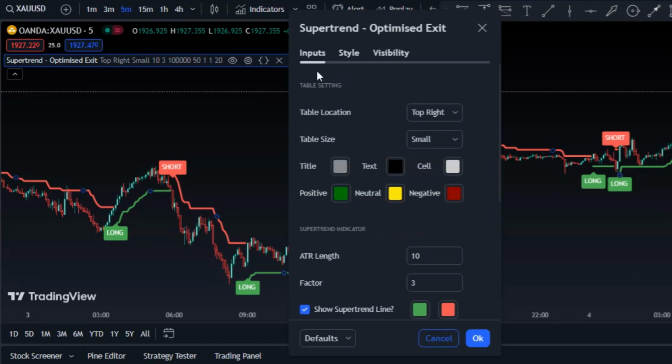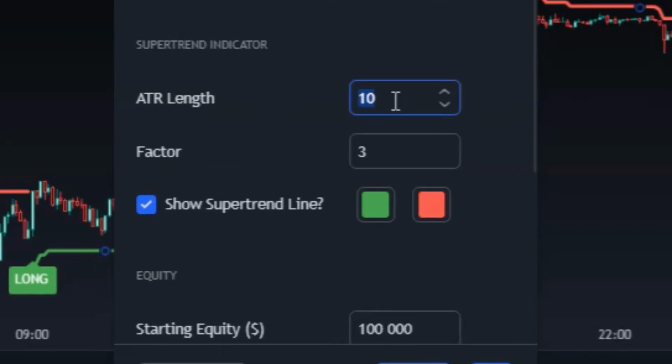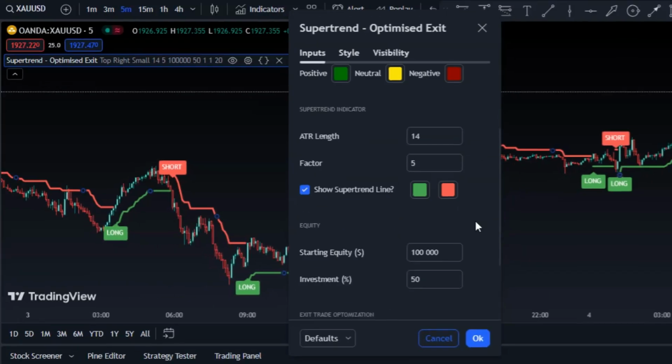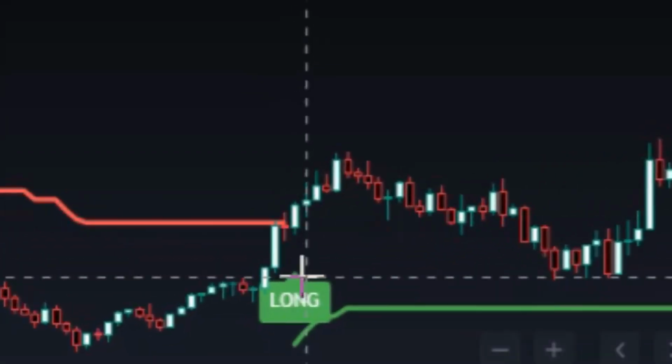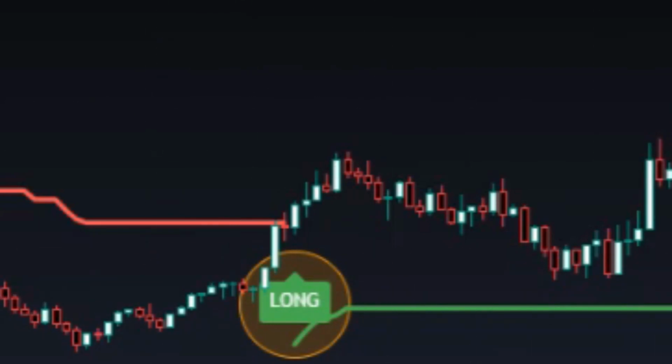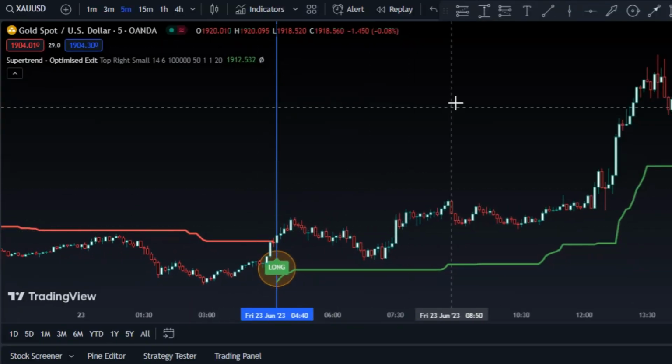Then in the input, change ATR length to 14 and factor to 6. Now you can use the long and short signals from the indicator to get into buy and sell trades.